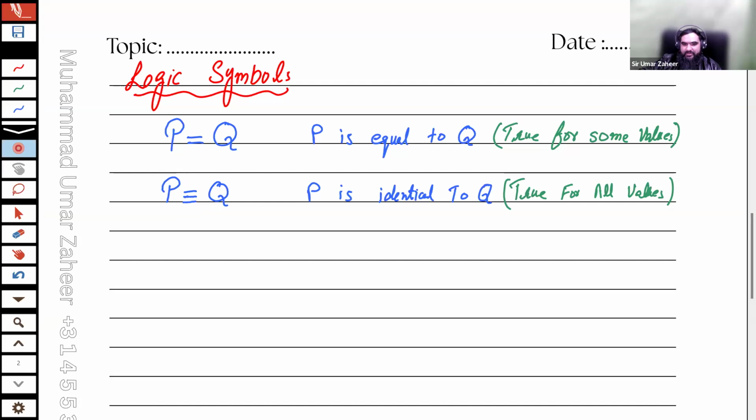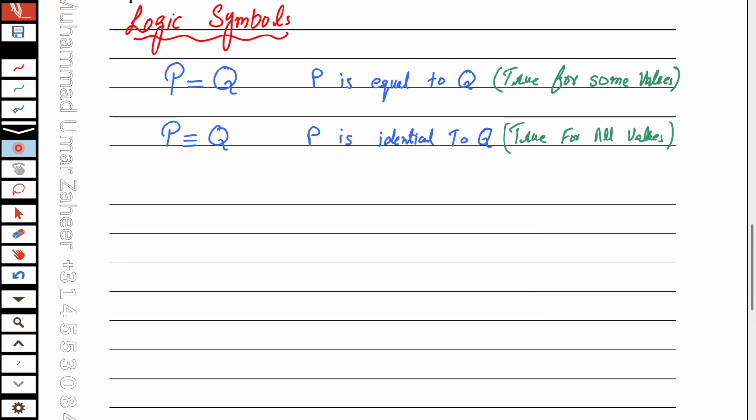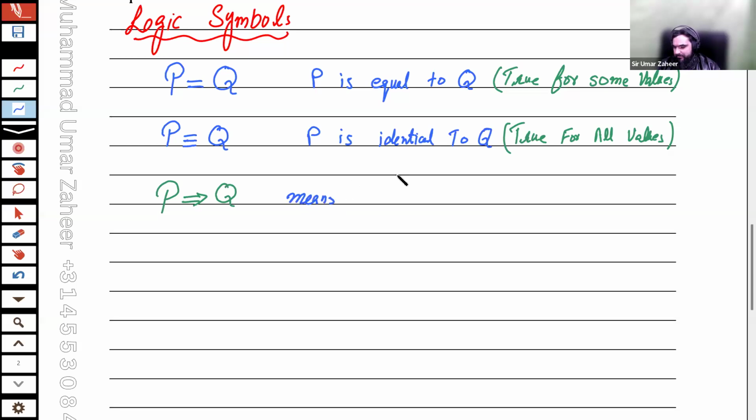Any question till here? No, sir. All right. The next sign that we are going to use a lot of times is P implies Q. How will you read it?